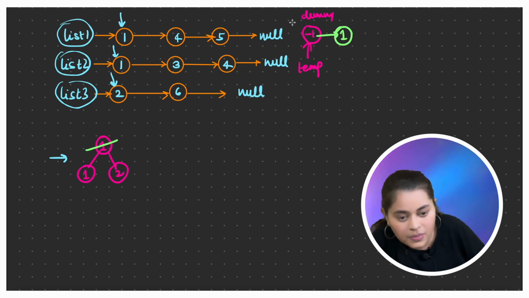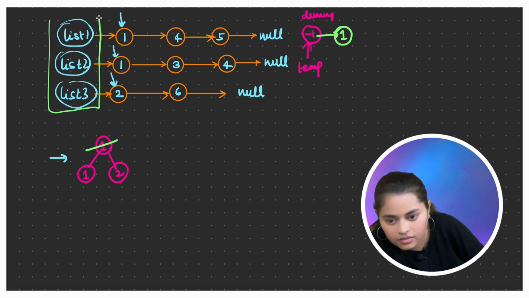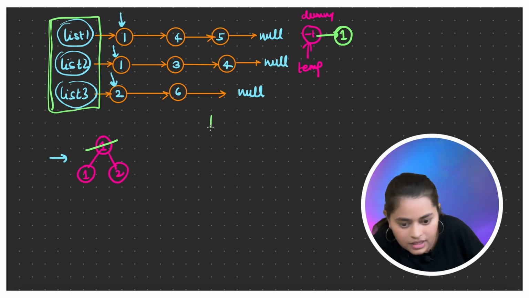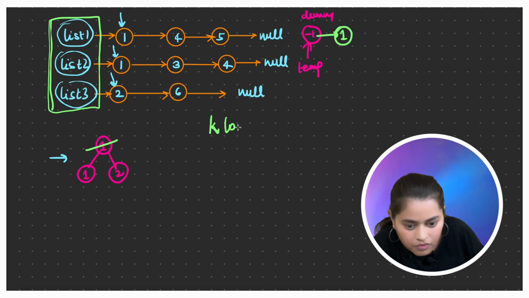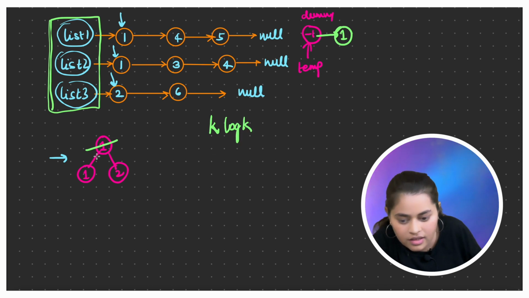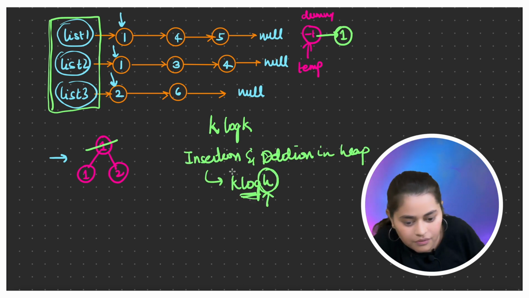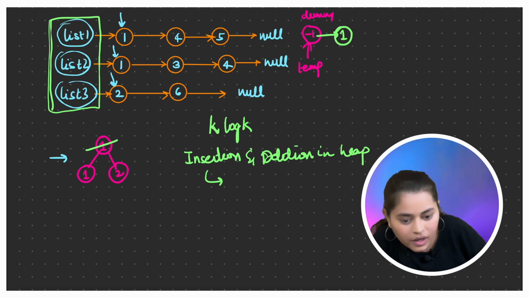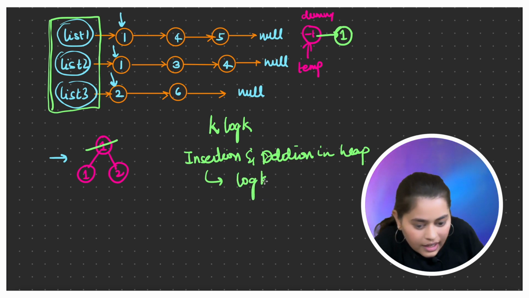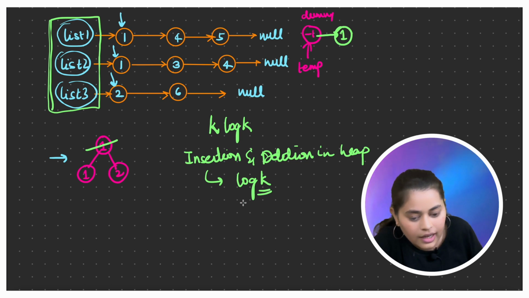So first of all we traversed this array having k elements, and we created a min heap. So how much time did we take? K log k for creating this min heap. Basically each insertion and deletion takes log k time, so for one element we take log k time for inserting and for deleting.